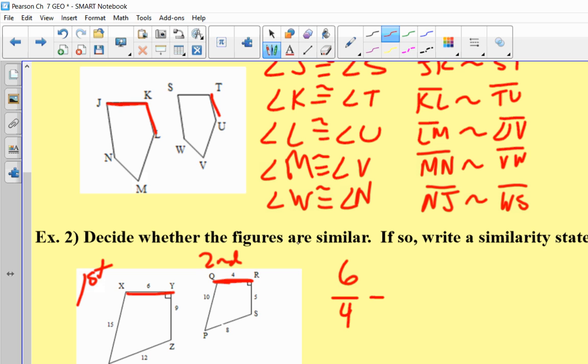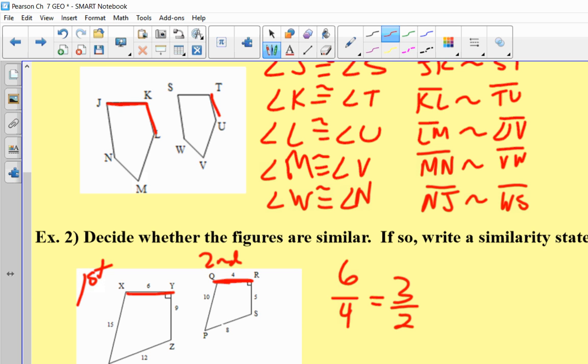Can I reduce it? Yes, to 3/2. So this is where you probably need to write a note to yourself. All the other ratios have to be 3/2. So I'm going to take corresponding sides and see if I all get 3/2. If I don't, then the two figures are not proportional.